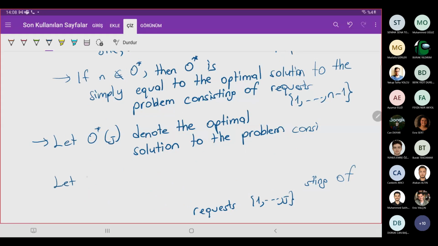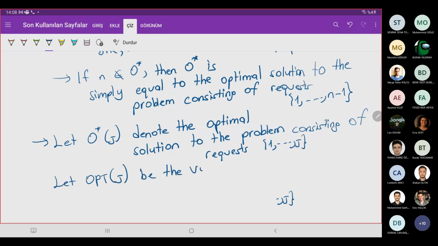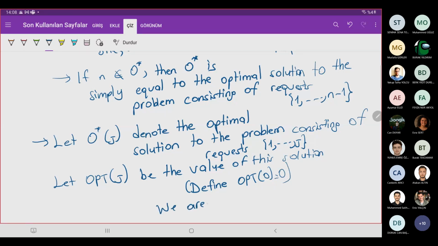Let opt j be the value of this solution. Define opt 0 equal to 0. Okay. We are selecting O star, the actual optimum, as opt n.